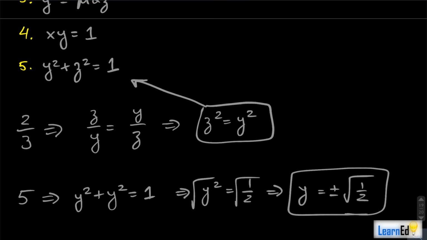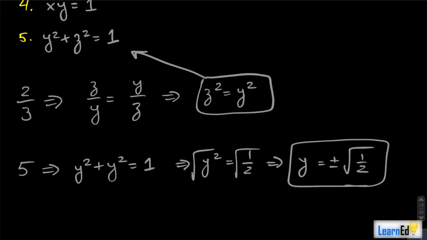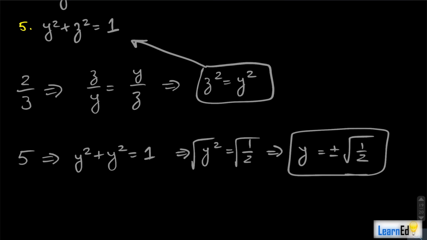Okay, and when I was originally looking at this problem, this is actually where I struggled a little bit, because the thing about z right now, z squared equals y squared, it doesn't matter if z is positive or negative, it could be anything.